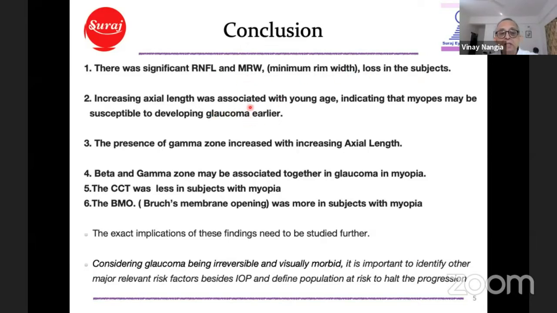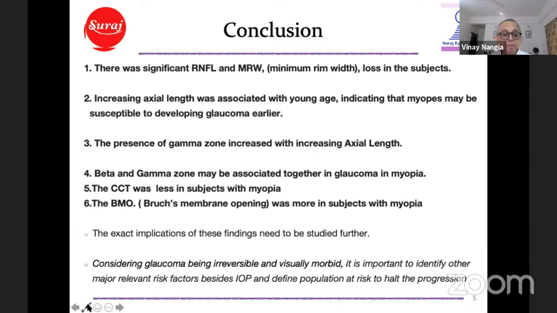The increasing axial length was significantly associated with younger age, indicating that myopia leads to greater susceptibility to developing glaucoma earlier. We also found that the presence of gamma zone increased with axial length, and that beta and gamma zone may be associated together when you have glaucoma in myopia.